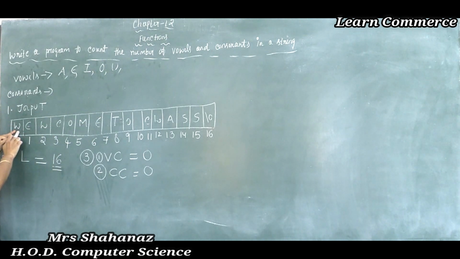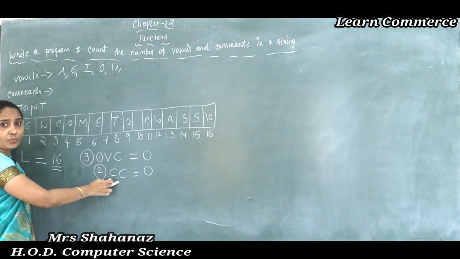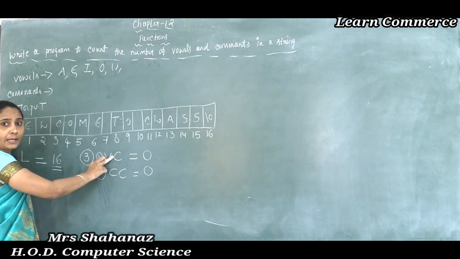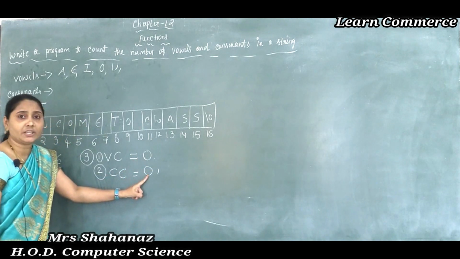So when any character comes under the consonants, at that time CC is equal to CC plus 1. If any character comes under vowels, then VC is equal to VC plus 1. Clear this point here. First of all the VC value is initialized to 0.